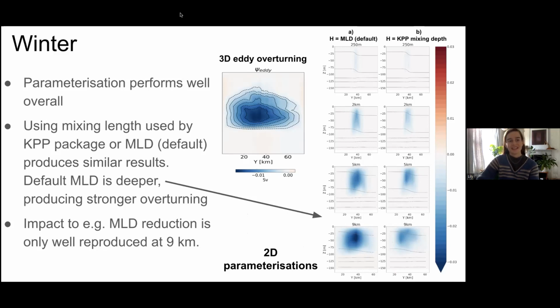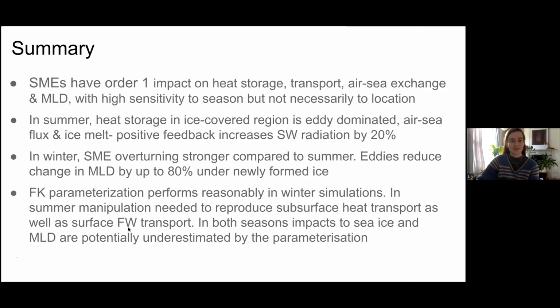Okay, I think I'm going to stop there. So I'll just give my summary. I've talked first about how these submesoscale eddies could have order 1 impact on climate variables like heat storage, lateral heat transport, air-sea exchange, and mixed layer depth. This could depend highly on the season, but not necessarily on the location.